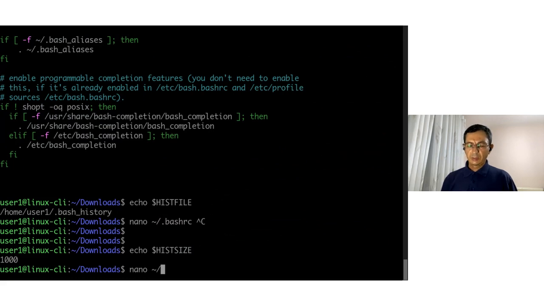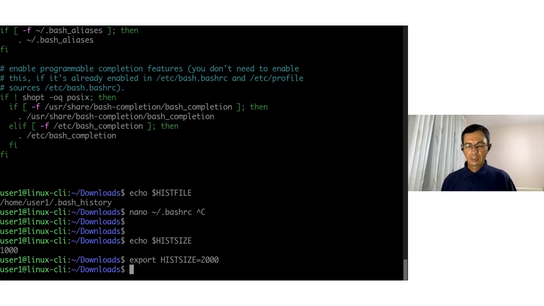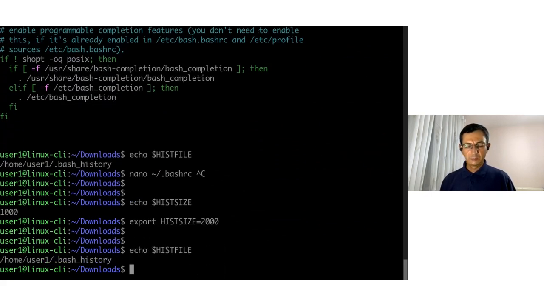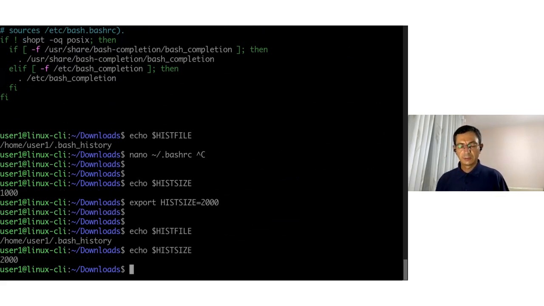Actually, we can modify it right away with the command export hist size equal to 2,000. And now if I check the value of this variable, it is 2,000.